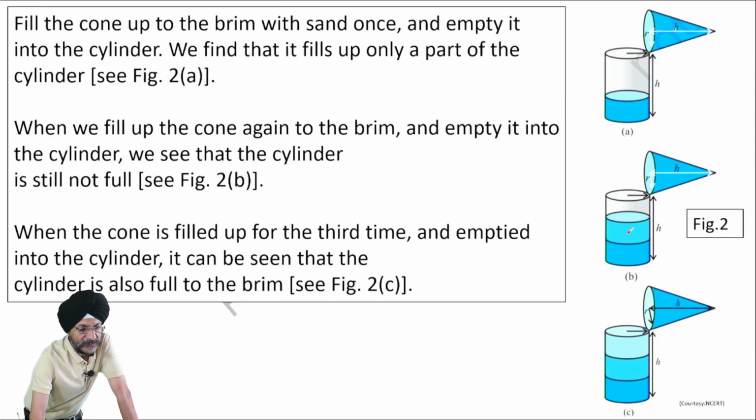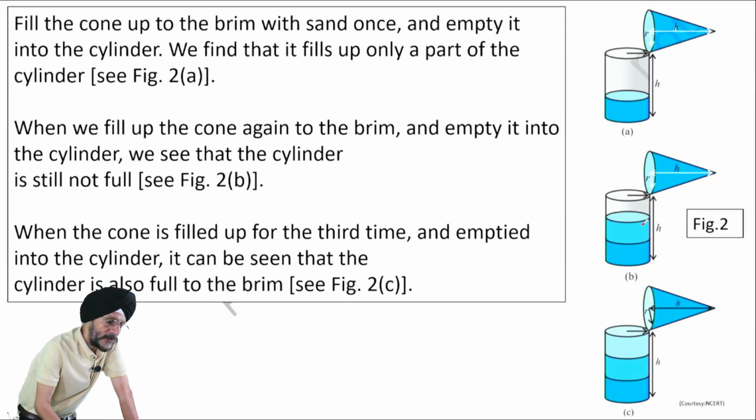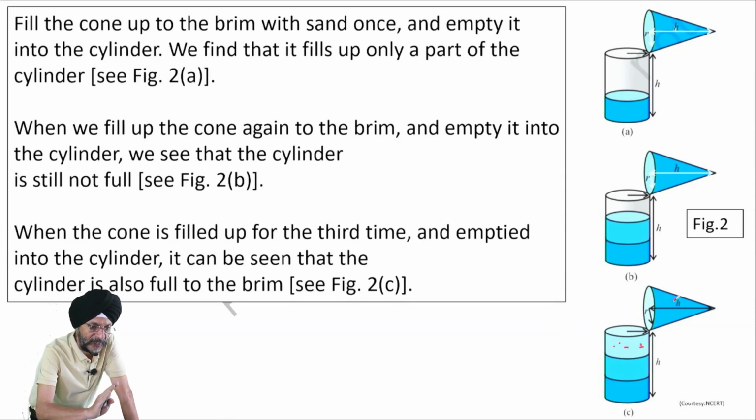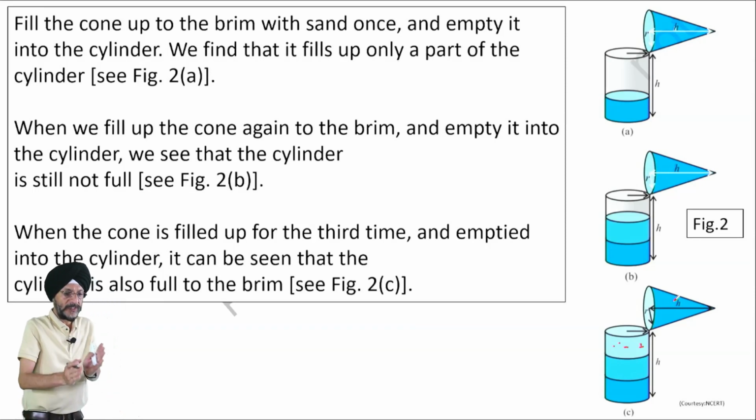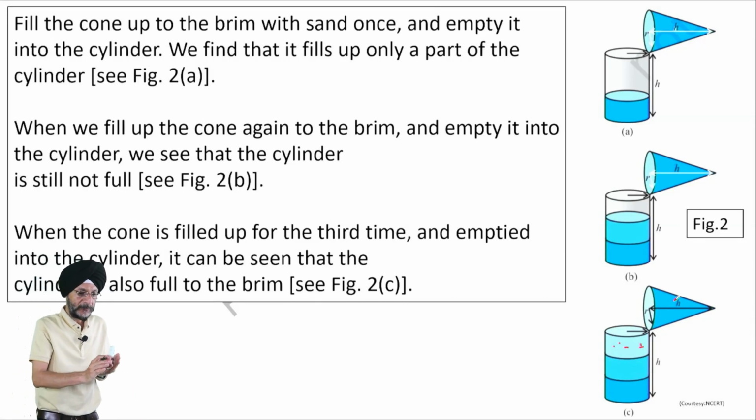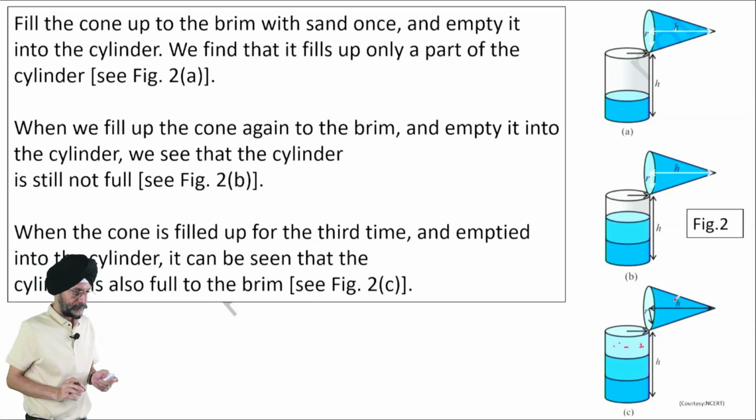We again find that the cylinder is not fully filled. Then for the third time we repeat, we fill the cone with the sand and empty it into the cylinder. But here we will see that this cylinder is now totally filled. That is, when we do this process 3 times, the cylinder will be fully filled.